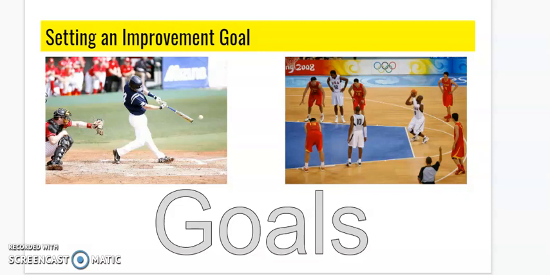Set some goals. I use the example sometimes when I describe this, let's imagine you've been playing baseball for 14 years. Let's just say that you have been a really good hitter on a baseball team, and you're trying out for the spring sport of baseball, and the coach says, listen, I really like some of your raw talent here, and you are going to be a good hitter, but I need you to change up your swing.